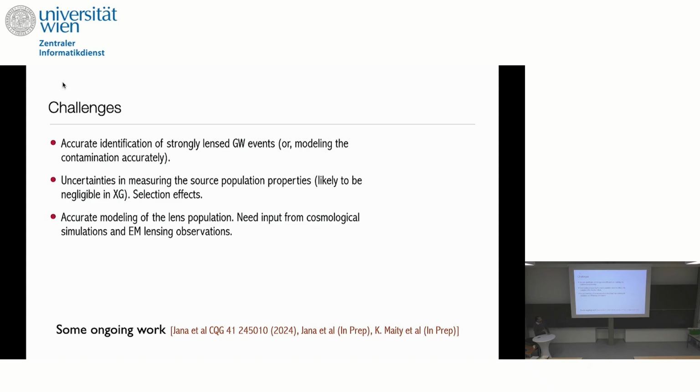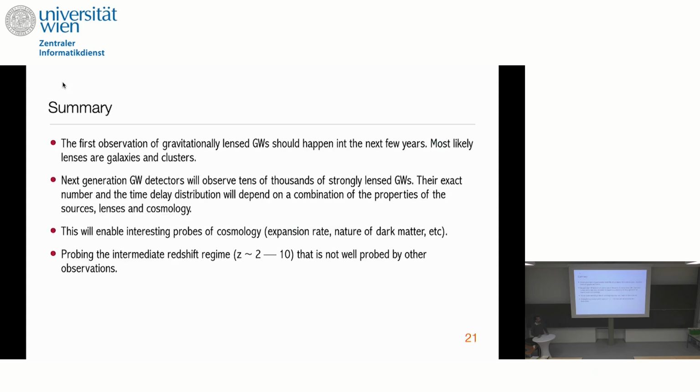The hardest problem is going to be good modeling of the lens population in terms of the distribution of their properties, as well as good lens models. And this requires input from cosmological simulations, as well as a number of electromagnetic observations. So it's work that we have started only recently, and there are a series of papers coming out to address these issues at various levels in the next years.